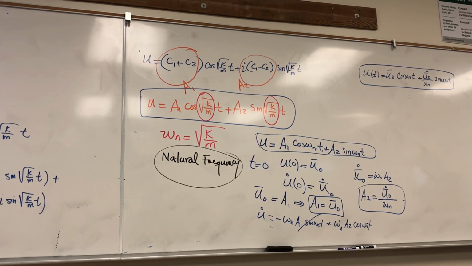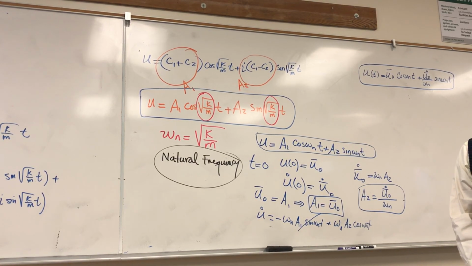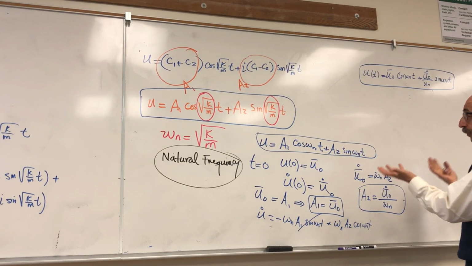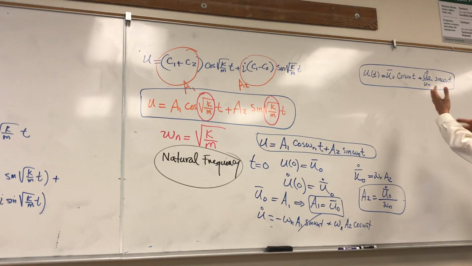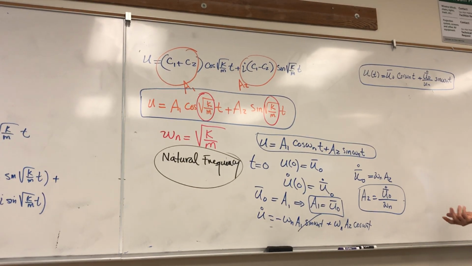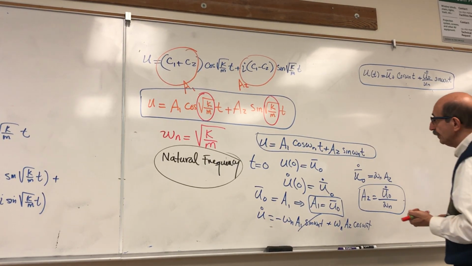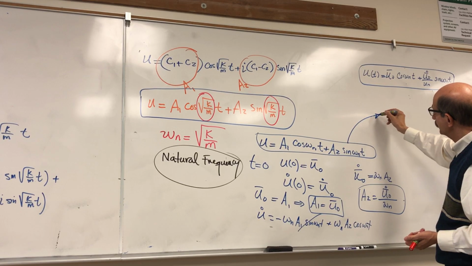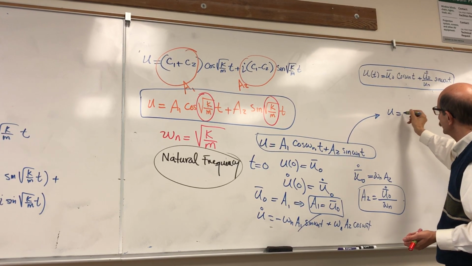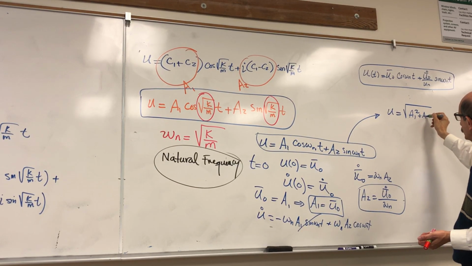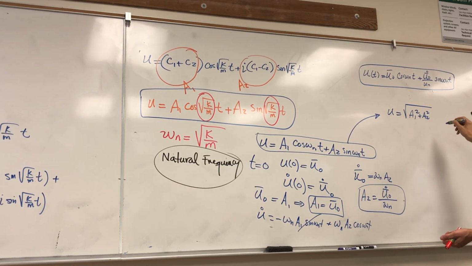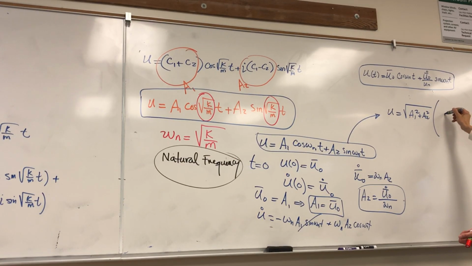Let's look at this further, see if we can simplify this, because I want to show you that this is actually just a single harmonic function. You may not believe me that the sum of two harmonics is a single harmonic, so let's show that. Let's assume that I take this and multiply it by the square root of A1 squared plus A2 squared, and divide it by that same value.